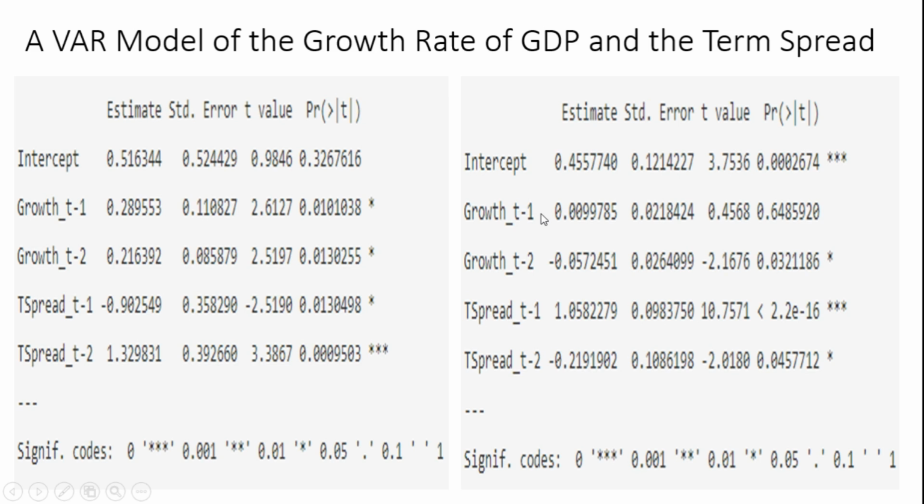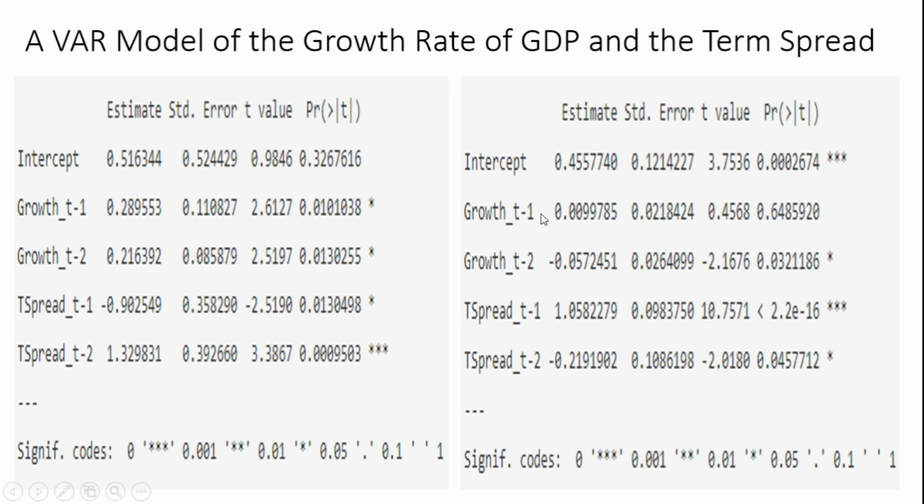So you don't need to wait 2 periods as in the previous case, but 1 period is sufficient to have an effect of variation of the lag term spread on term spread, which is the dependent variable in this case.